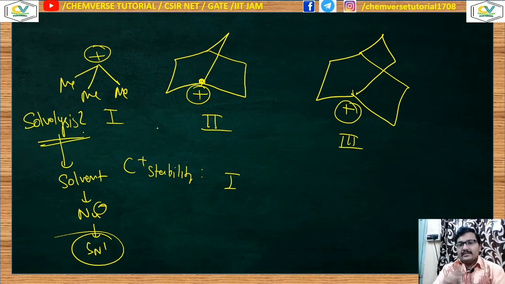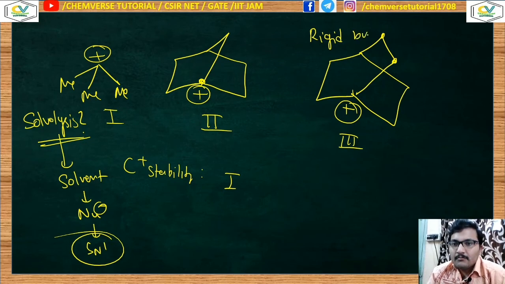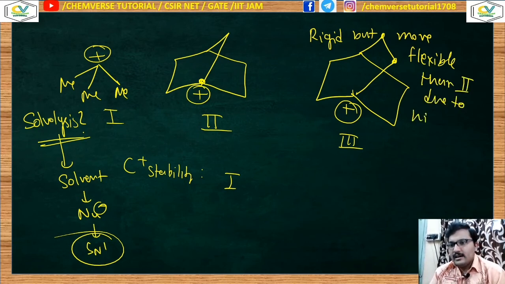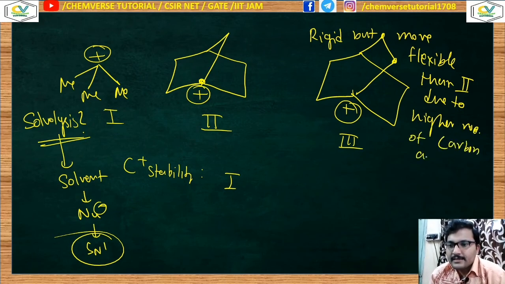But if you compare the structures of 2 and 3, 3 has more carbon atoms, so 3 is to some extent more flexible. Although it is rigid, it is more flexible than 2 due to the higher number of carbons at the bridging position.